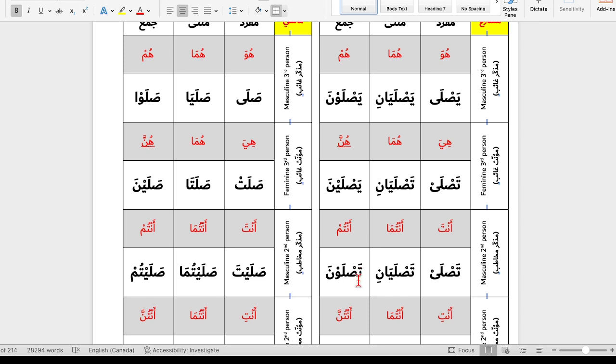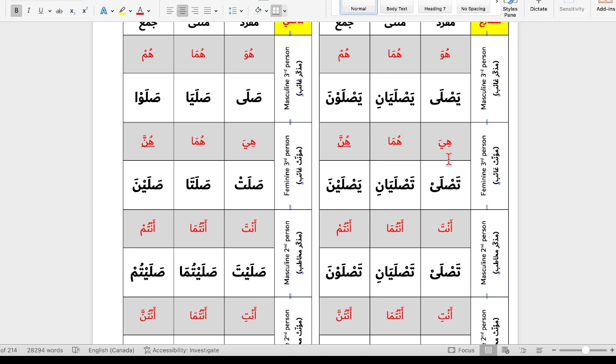In the fi'l amr you remove the ta. In the first step I just showed you the complete process. So you remove ta, and then if the next letter has sukoon, then you can't pronounce it, so add alif, and the sign of alif is going to be the middle letter, which in this case is fatha, yasla. So for fatha the alif is going to take kasra, because fi'l amr only has the u form or the i form.